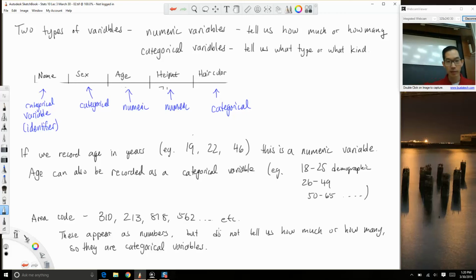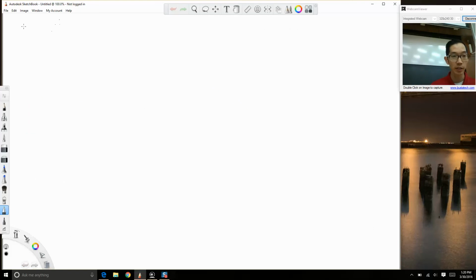And so you have that. All right. As far as organizing our data, we can talk about summarizing categorical data, and we can summarize them with a frequency table.